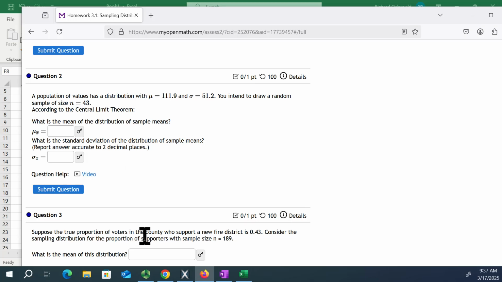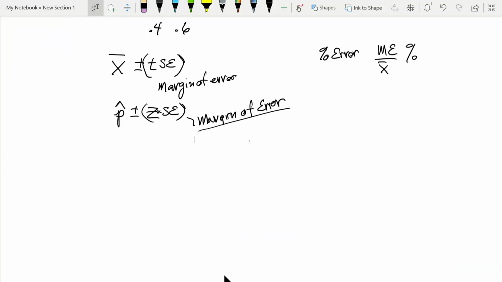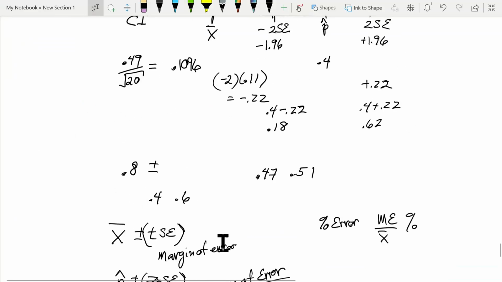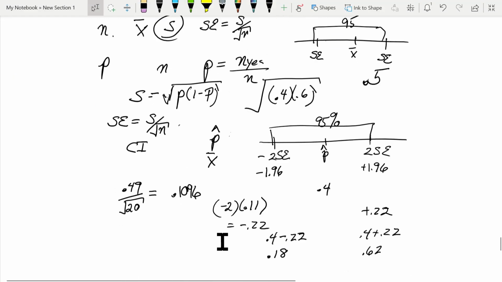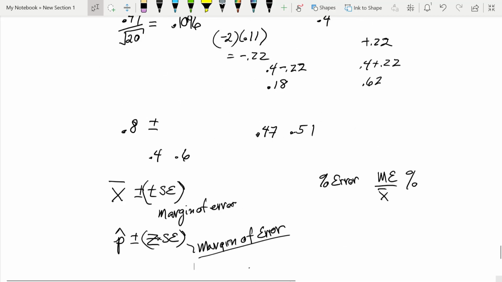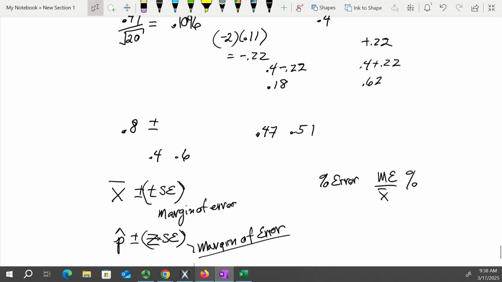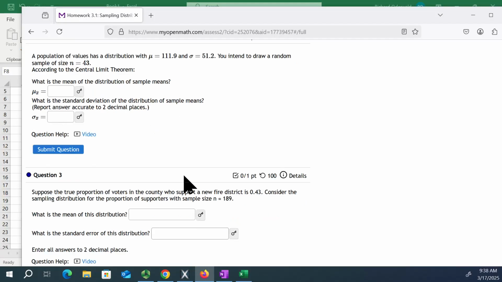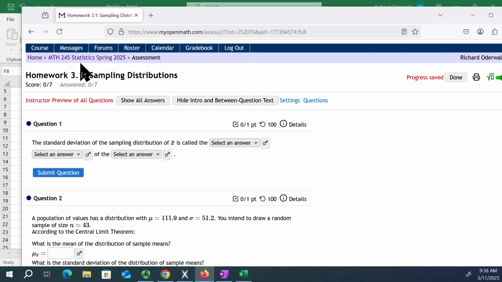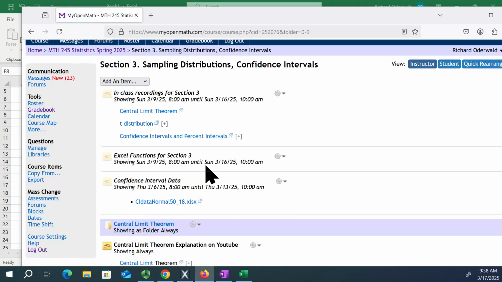So this square root of the sample size divisor is always the same, no matter what you're doing. Anytime you see find the standard error, take the standard deviation divided by the square root of the sample size. Don't even think about it. Okay, back to the one that's got things that are important.